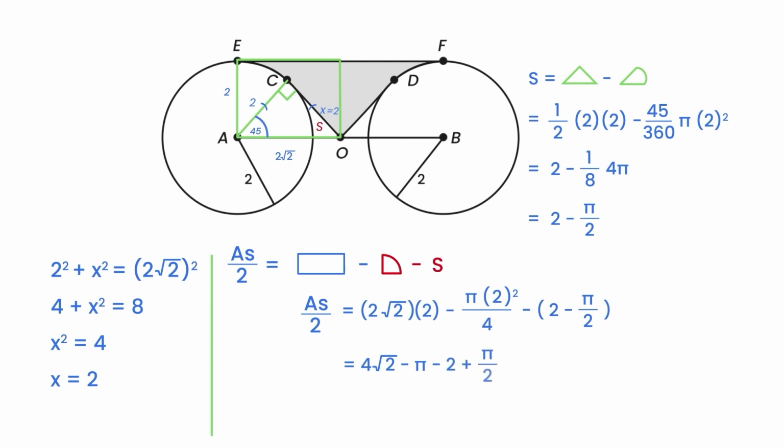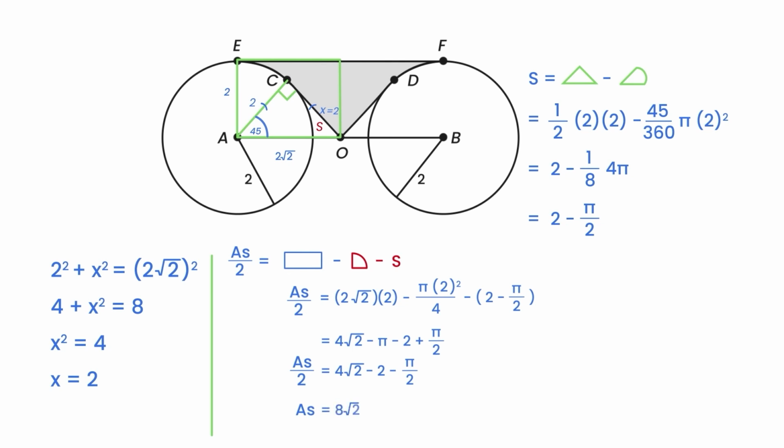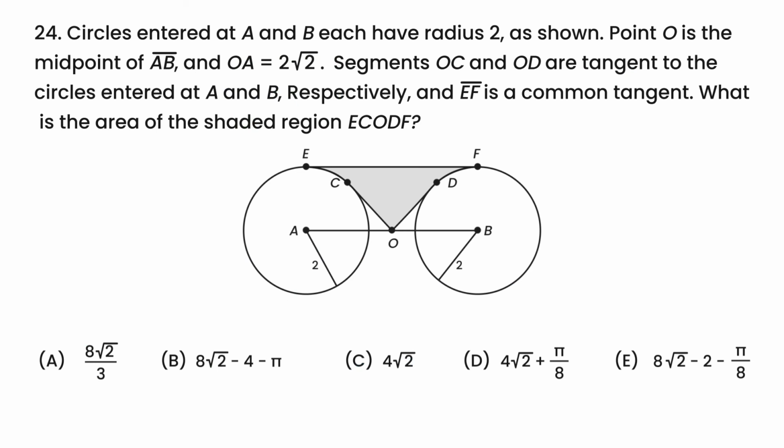So this looks like 4 root 2 minus 2 minus pi over 2. And that's AS over 2. And then finally, if you multiply through by 2, you get AS is equal to 8 root 2 minus 4 minus pi. And that would match choice B.